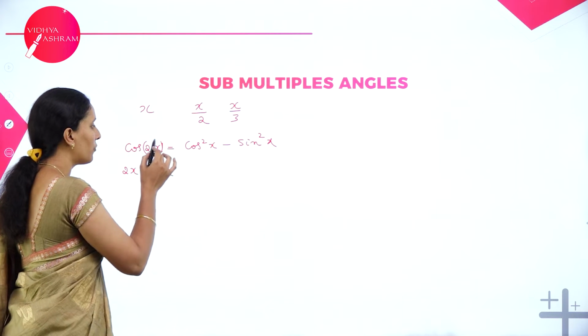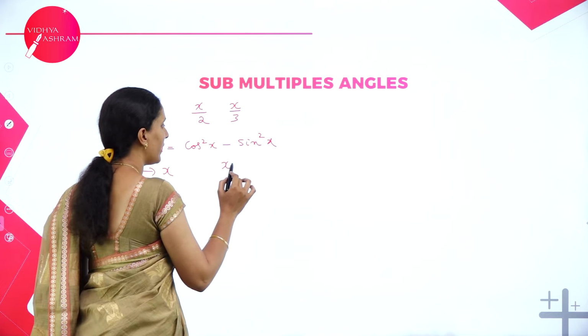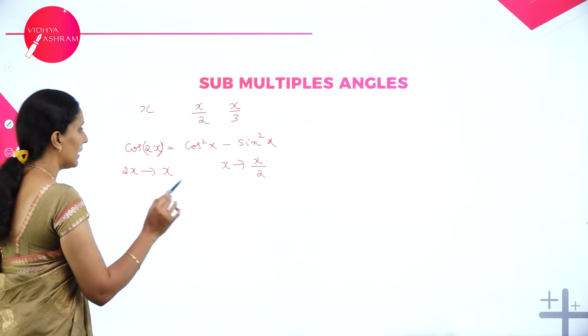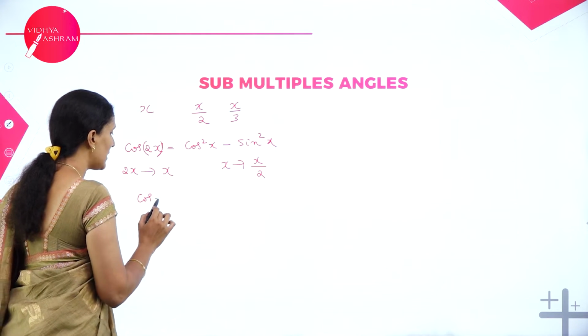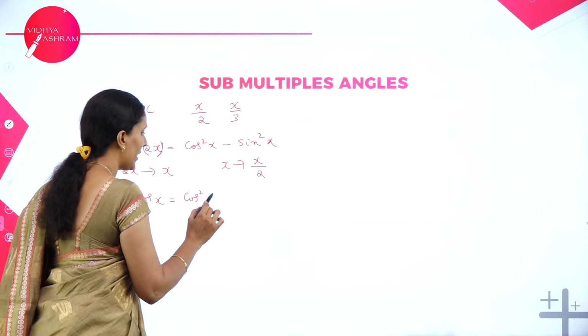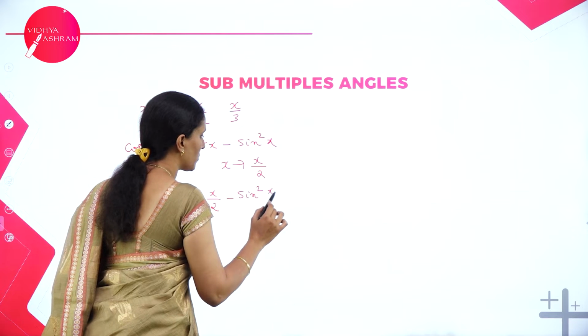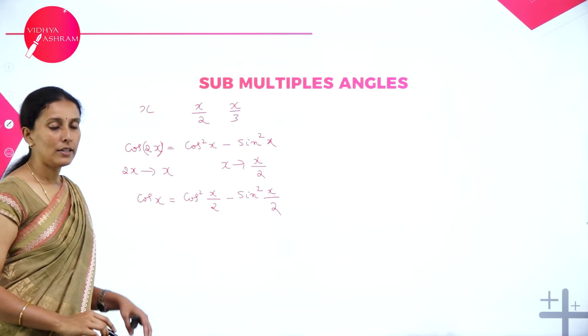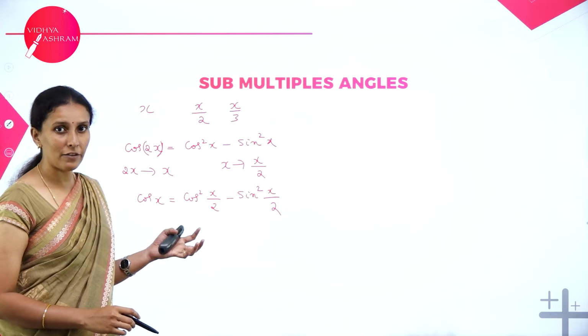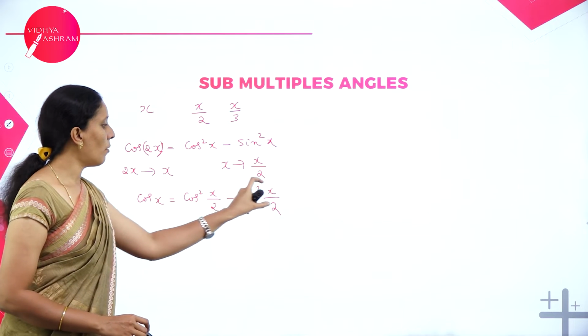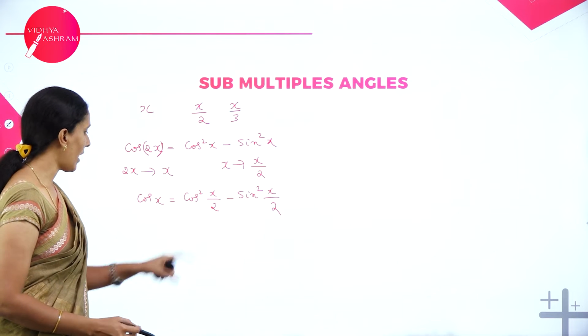that is, half of 2x is x, then half of x is x by 2. Therefore, we will get cos x as cos square x by 2 minus sine square x by 2. So this is a half angle formula. So we can also call them half angle formula, which is in the form of half of the given angle.